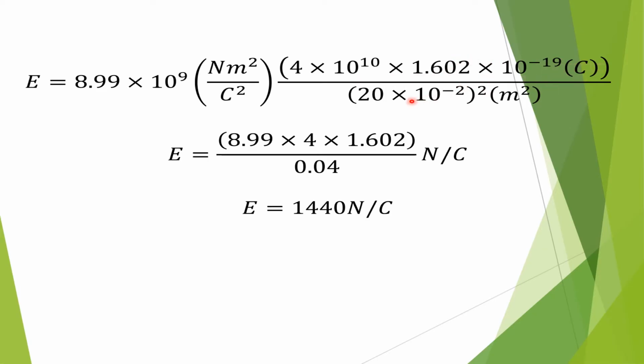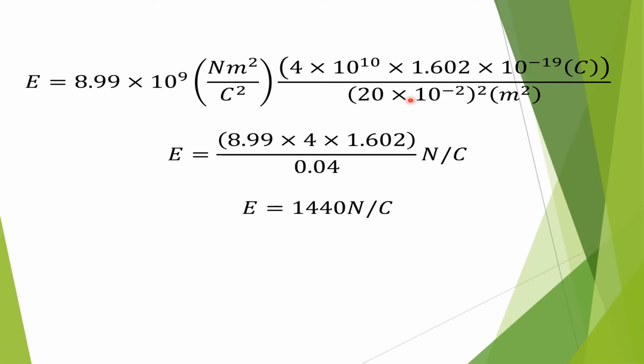Okay, so what we can do is 10 plus 10 minus 19 will be minus 9, and this 9 will go away. So we need not worry about the power of 10. The only thing we need to write down is this expression 8.99 into 4 into 1.602, and we can write down this square, because 0.2 square is 0.04.